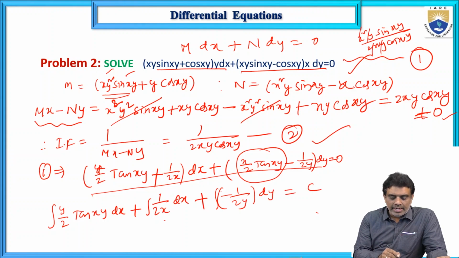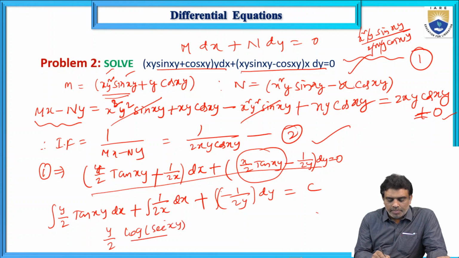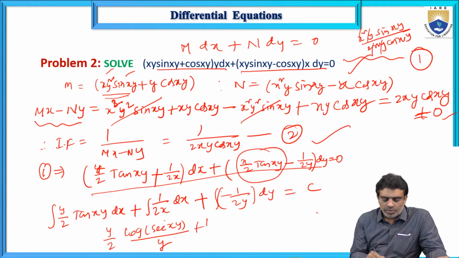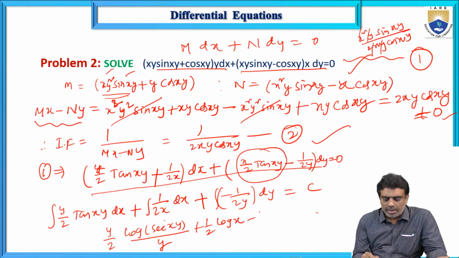So then finally on integrating y by 2 tan xy with respect to x, you will get log secant xy by y in the denominator, plus 1 by 2 into integral 1 by x dx, log x, minus 1 by 2 into log y is equal to log c.